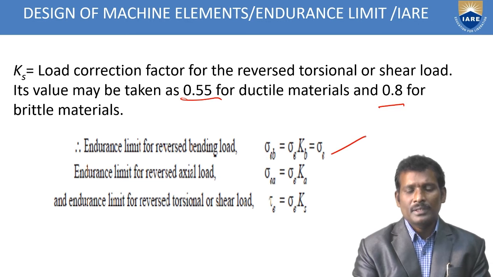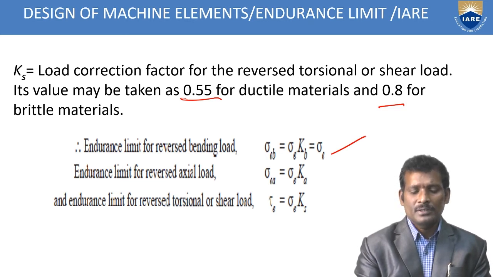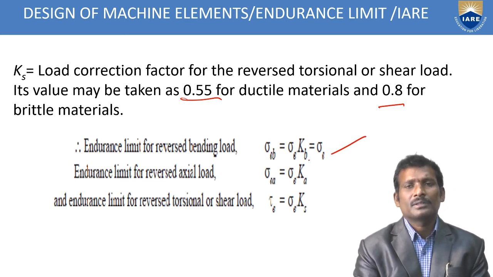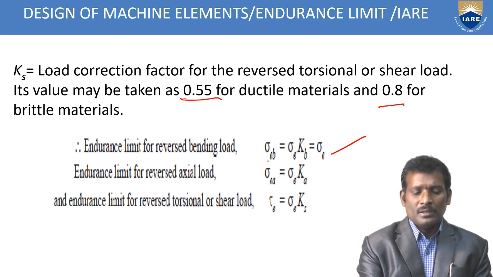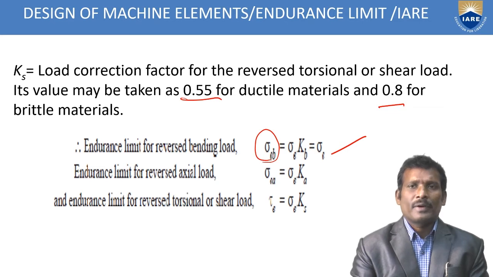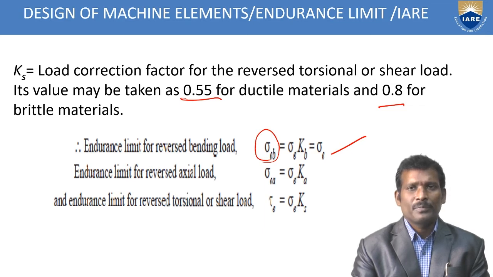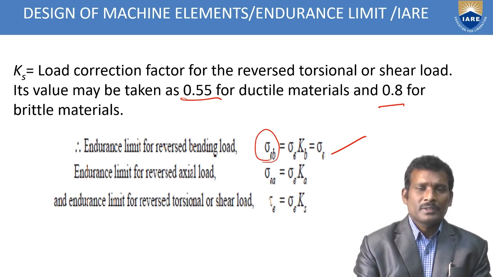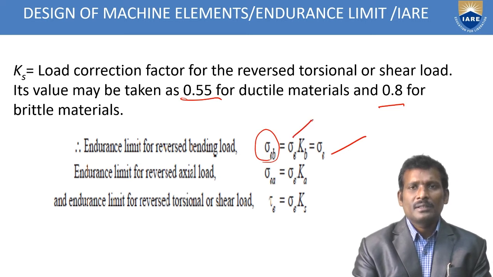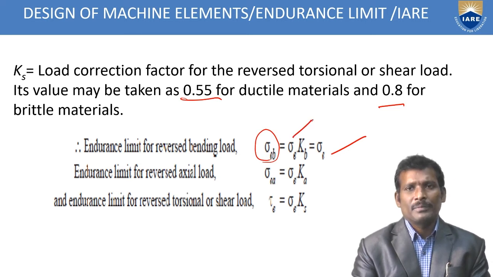Endurance limit for reversed bending loads: write down the equation like this. Sigma EB is equal to sigma E multiplied with Kb. This value is the final endurance limit value whenever it is subjected to bending load. As per theory, the calculated sigma E, endurance limit, is multiplied with Kb.